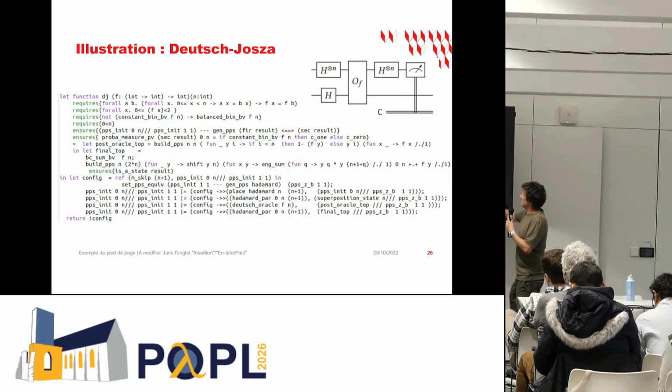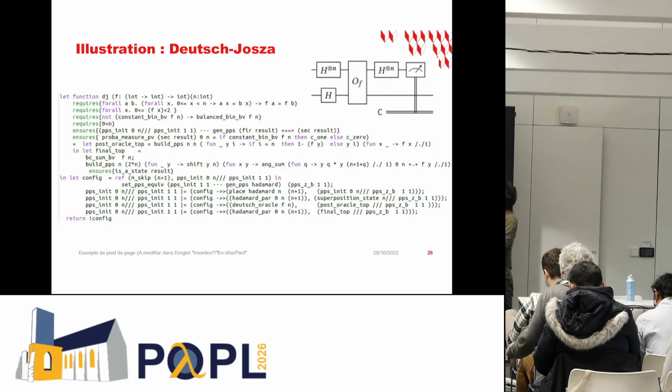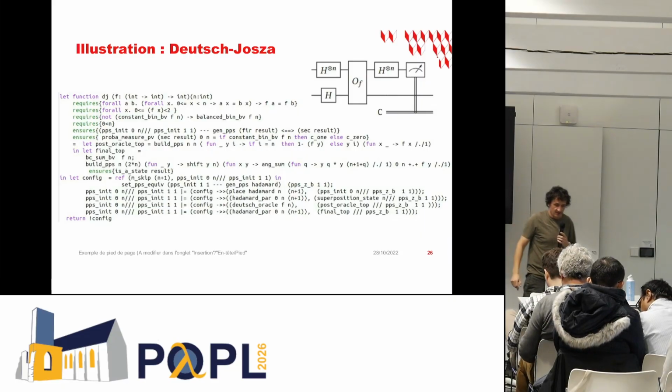So here is the circuit, and we find the different instructions corresponding to the blocks that are represented. So we place a Hadamard gate, then there is a parallel composition of Hadamard, the oracle, and again a column of Hadamard.